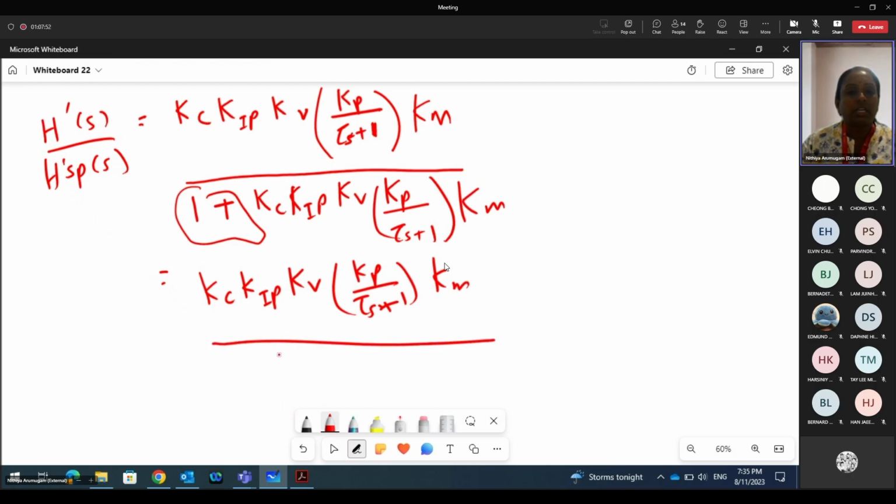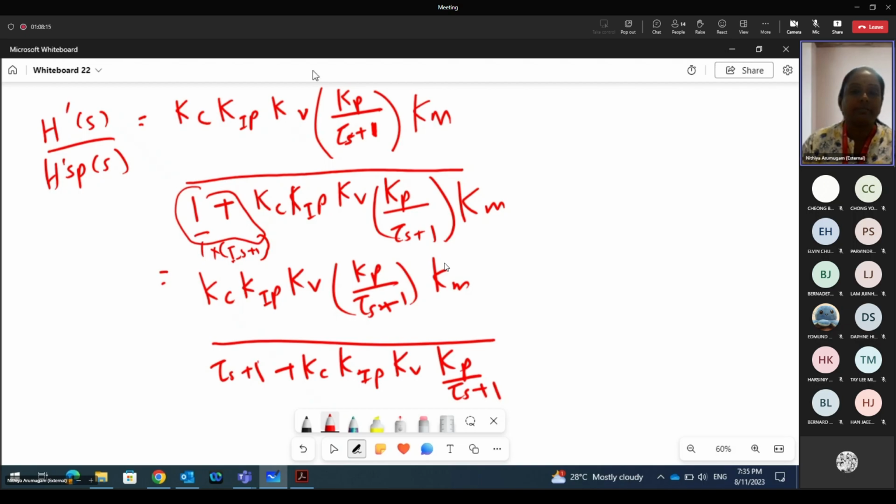Here it's going to be tau s plus 1, because I'm multiplying with 1 times tau s plus 1. All right, tau s plus 1 plus Kc, Kip, Kv, Kp, tau s plus 1.